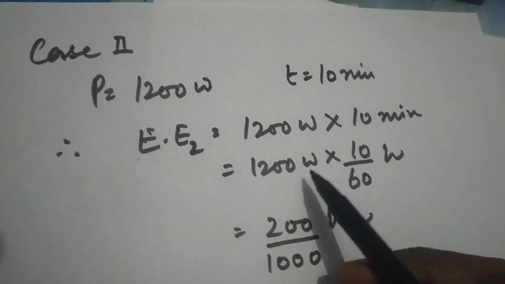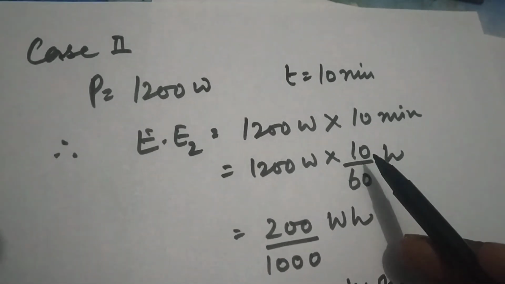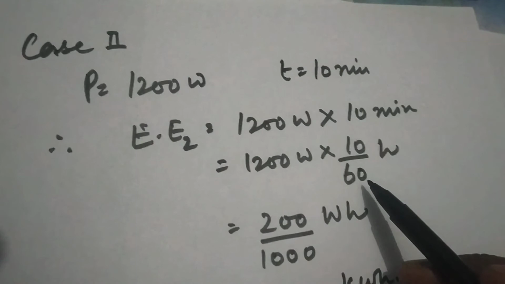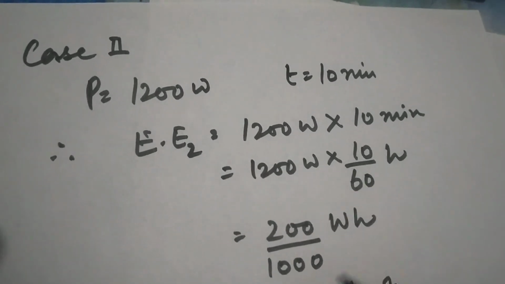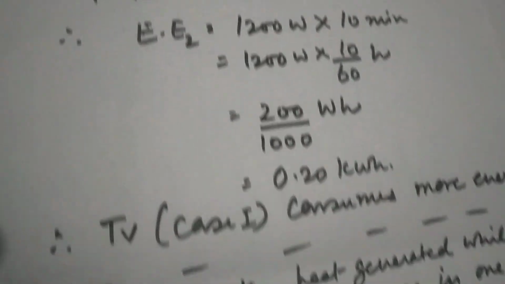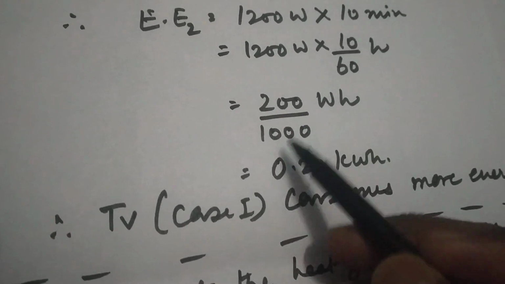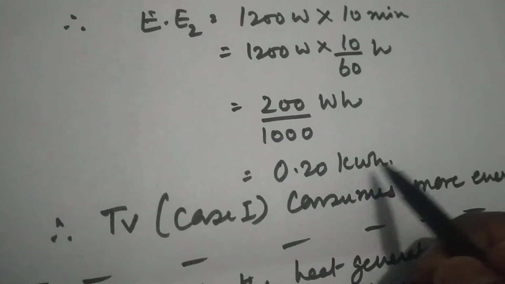The 1200 watt remains the same, but we have to convert the minutes into hours, so we divide by 60. It becomes watt hour. The zeros get cancelled, and you get 200 upon 1000 watt hour. Simplifying, 2 upon 10 remains, so you get the value 0.20 kilowatt hour.